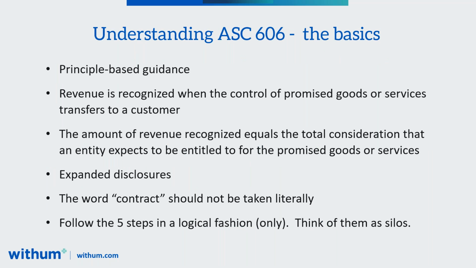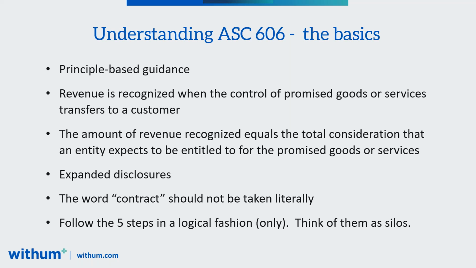All right, so it's always good to start with some foundational basics, and there are some common themes in ASC 606, which I have found, and I hope you will find, to be very helpful in understanding some of the decisions and outcomes. First of all, we need to keep in mind that this is principles-based guidance. Up until a few years ago, our traditional GAAP, our traditional ASUs, here in the United States, obviously, were written in a very rule-based fashion.